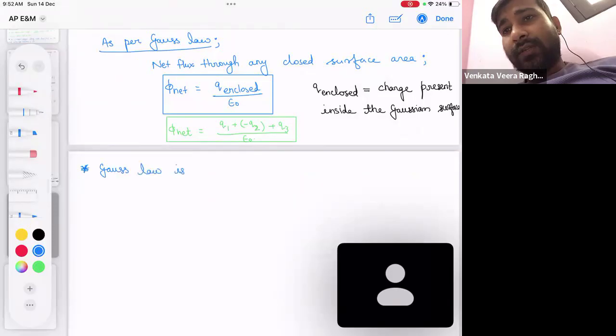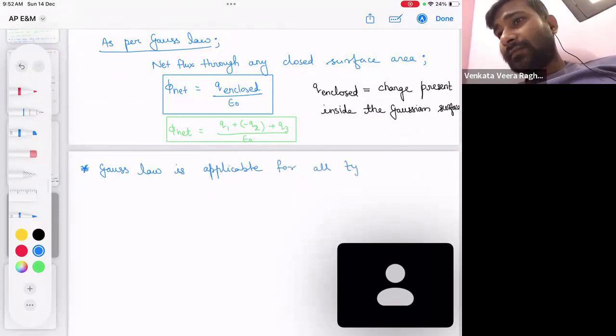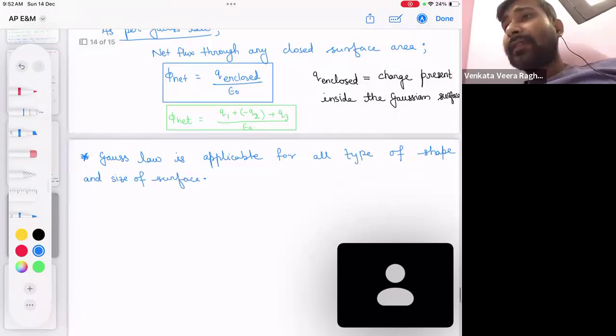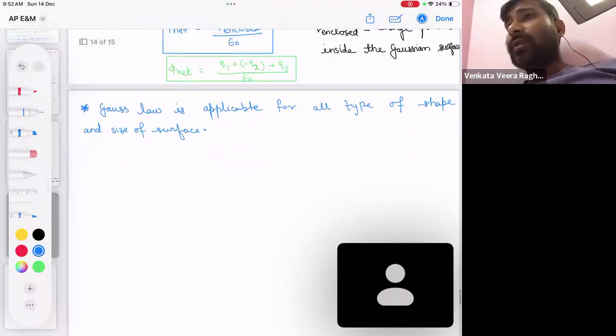Gauss law is applicable for all types of shape and size of the Gaussian surface. Is that clear? So shape and size do not affect the outcome of the Gauss law or the flux calculation.